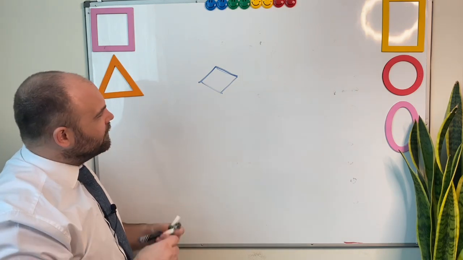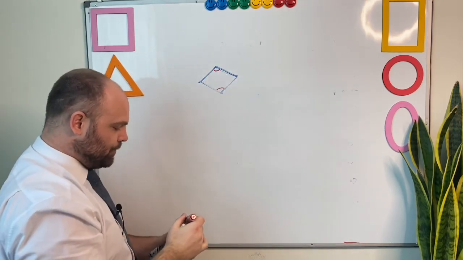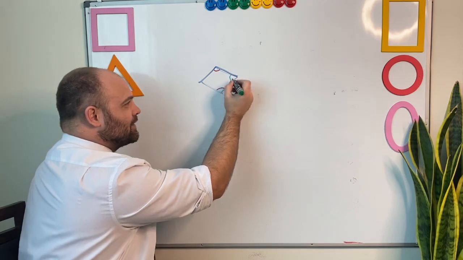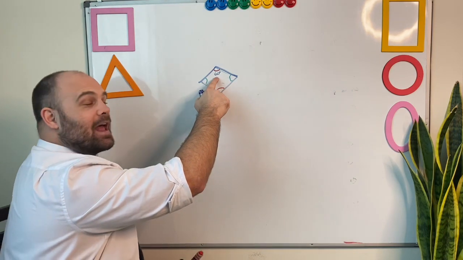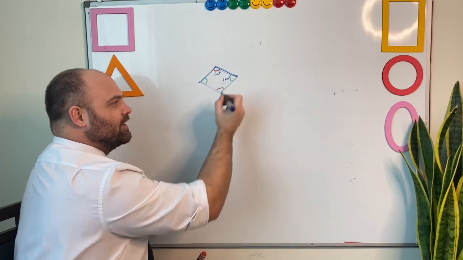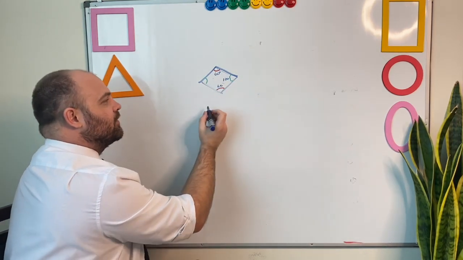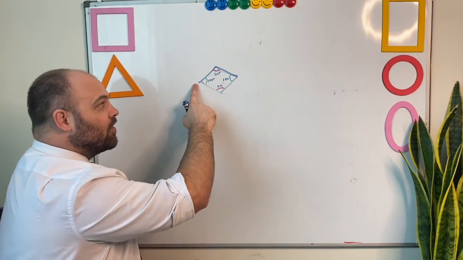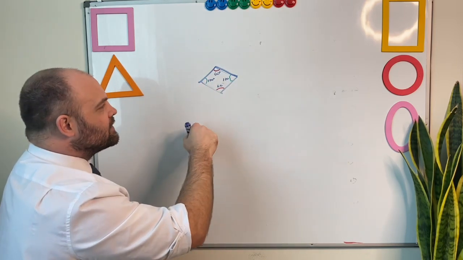So this angle at the bottom here will be the same as this angle at the top, and this angle on the right will be the same as this angle on the left. So if I made this angle 60 degrees and this angle 120 degrees, I would then know that this angle is also 60 degrees and this angle is also 120 degrees, because in a rhombus, the opposite angles inside the shape are always the same.